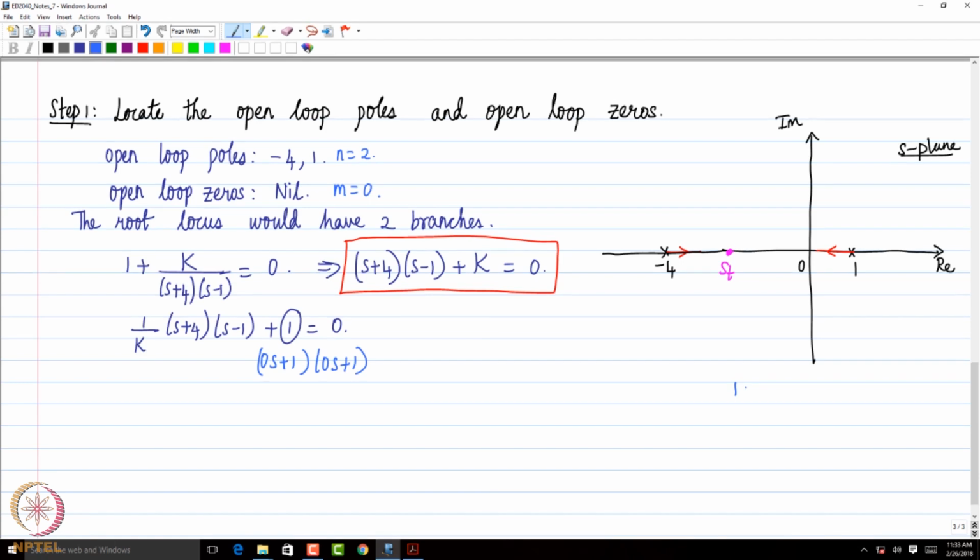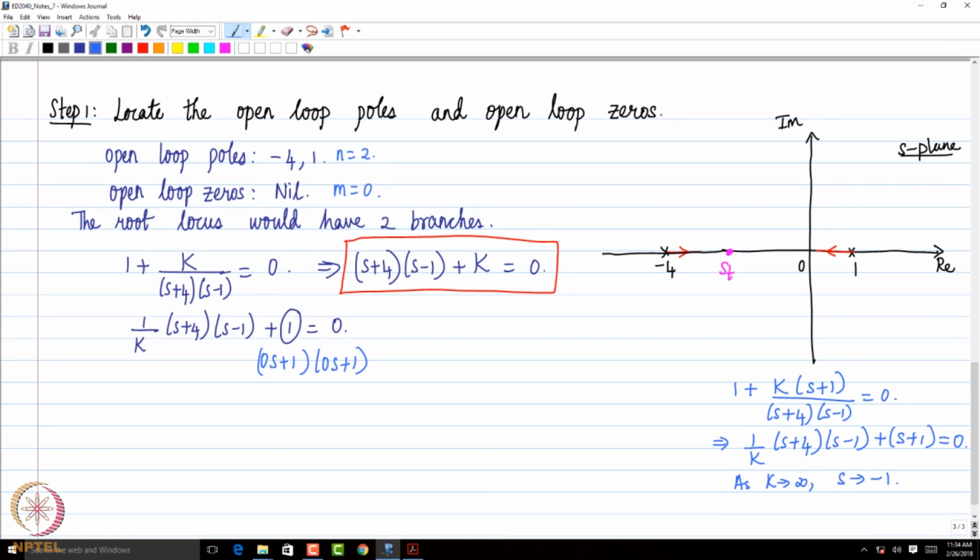Suppose we had this equation like this, rather than this way, and minus 1 would have been an open loop zero. Immediately you can see that if you rearrange this equation, we would have got this. So, as k tends to infinity, s will tend to minus 1. That will be one of the closed loop roots.